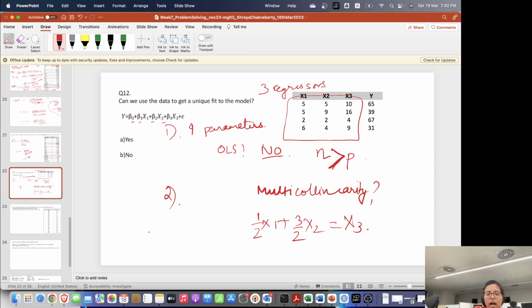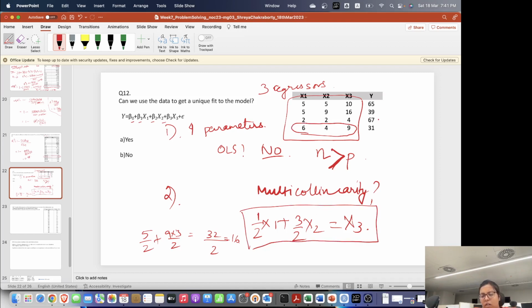We put 5 here, half into 5 plus 3 by 2 into 5, that is 2 into 5, 10, 2.5. Here again, the second one, 5 by 2 plus 9 into 3 by 2 is how much? 27 plus 5, 32 by 2. This is also coming to 16. So, these three columns are perfectly linearly related with this formula.